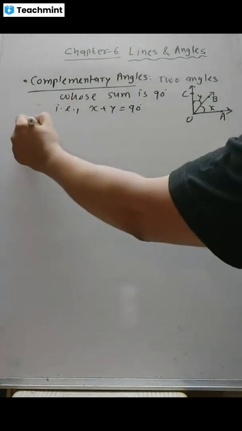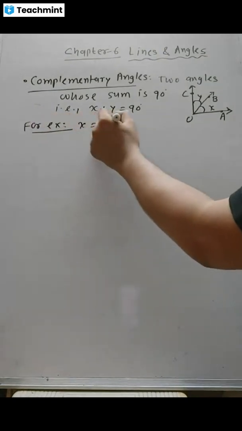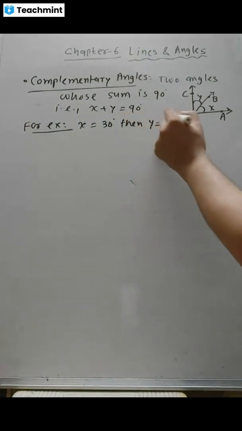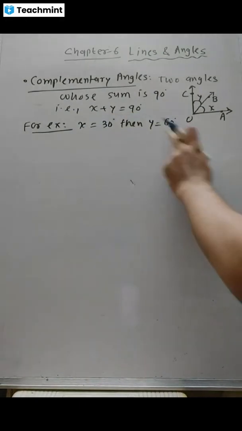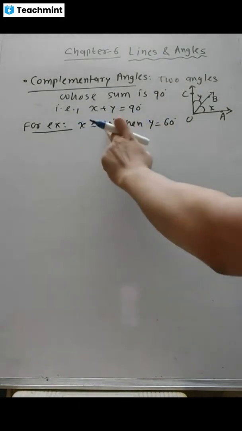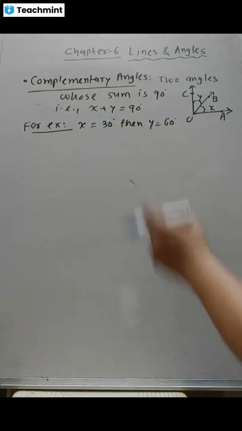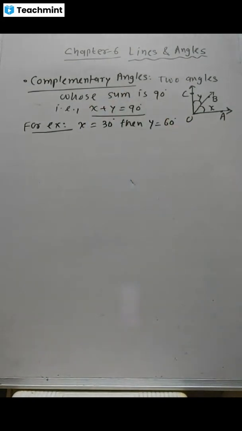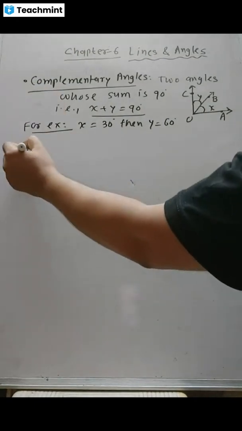For example, if X is equal to 30 degrees, then Y is always 60 degrees. If X and Y are complementary angles, and angle X is 30 degrees, then angle Y is always 60 degrees, because the sum of the two angles is always 90 degrees.